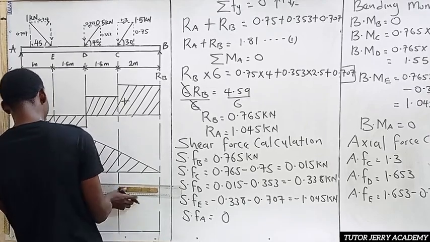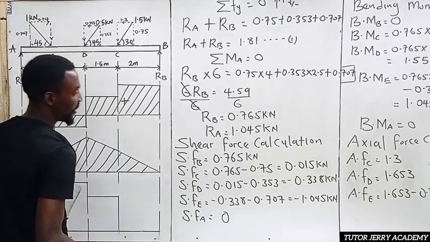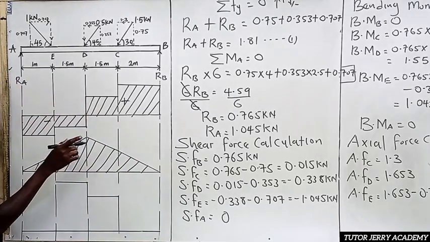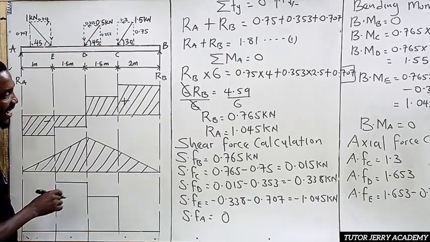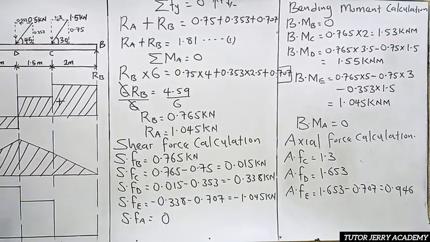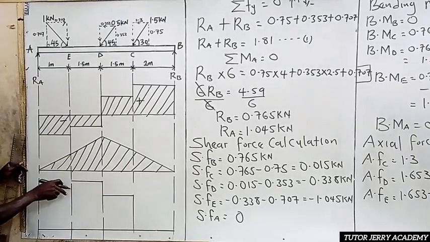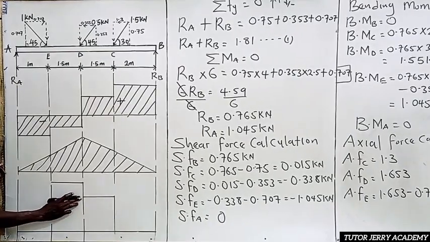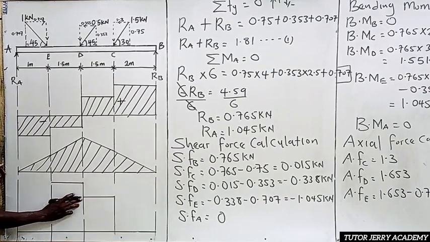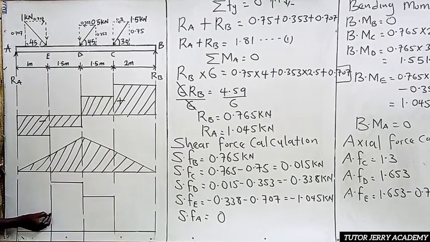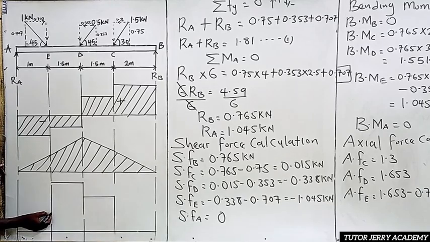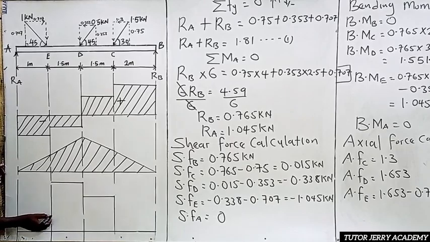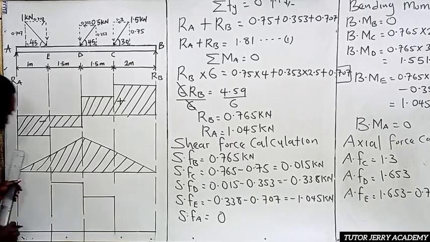All right. So now at point E, we have our load to be what? 0.946. So 0.946, we are going down. And this one is 1.3. So 0.9 should be somewhere around here. So let's take it somewhere around here.